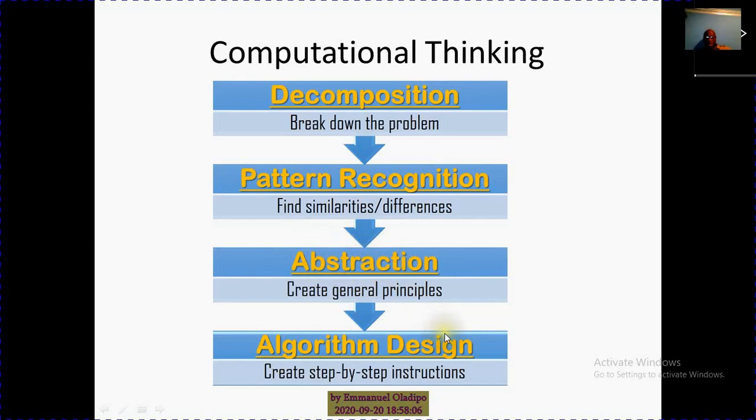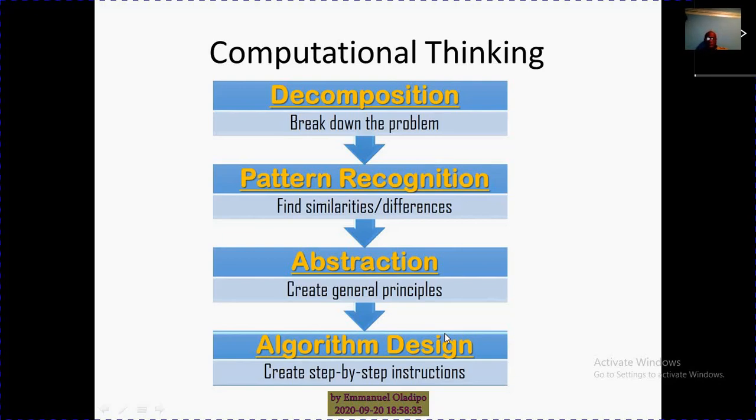Now, the algorithm design: after understanding the problem, it is important to come up with a set of instructions on how the problem will be solved. Okay, so after enumerating all the steps, we have to arrange them orderly, sequentially, so that the computer basically will understand how to proceed.